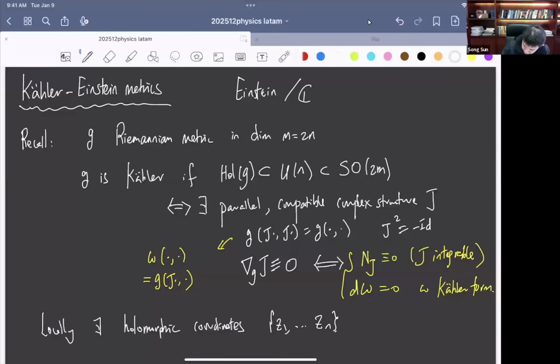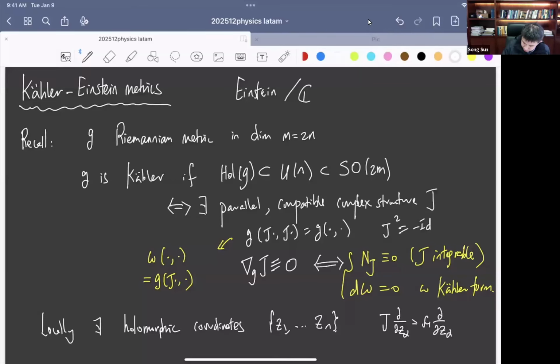What it means is that you can find these complex coordinates, and the 1,0 tangent vectors are spanned by vectors of the form partial over partial z alpha.